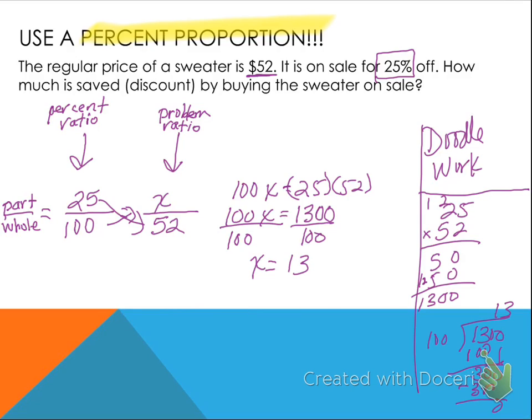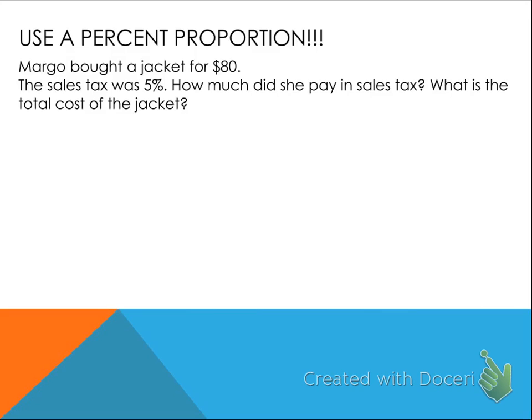So the amount that you're going to save is $13. You'd be able to type it like this, or you could put a decimal and 2 zeros. Either way would work. Remember, whenever you're working with a problem that has money, if you end up with change, 20 cents, 12 cents, 2 cents, you want to make sure that you have the right number of digits behind the decimal point.